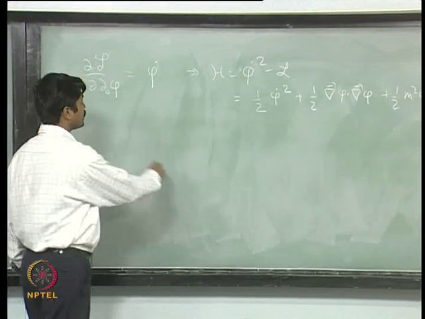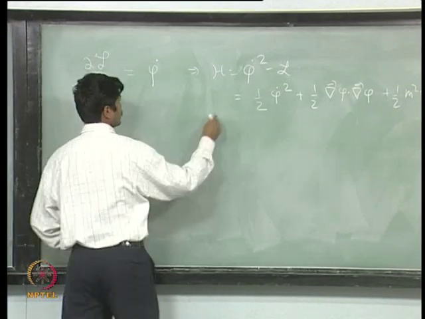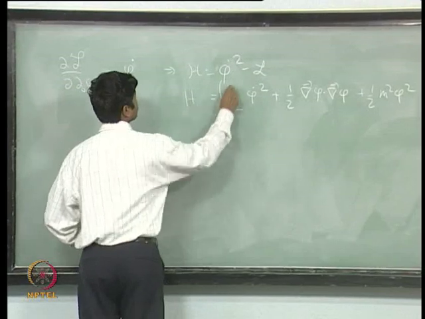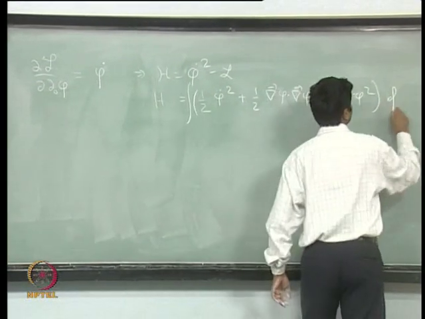The Hamiltonian of the system is just the integral of this over the entire space.